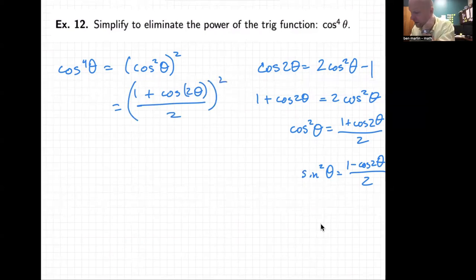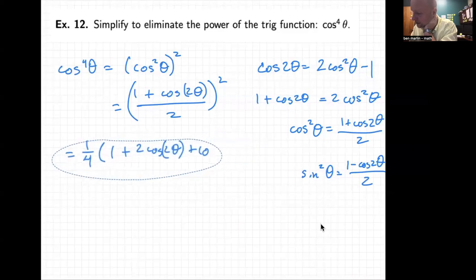And if you go ahead and FOIL that out, you'll have 1/4 of 1 plus 2 cosine 2 theta plus cosine squared of 2 theta.